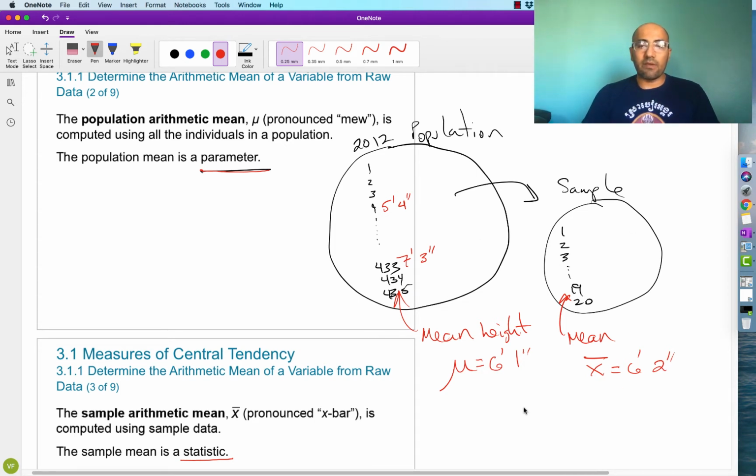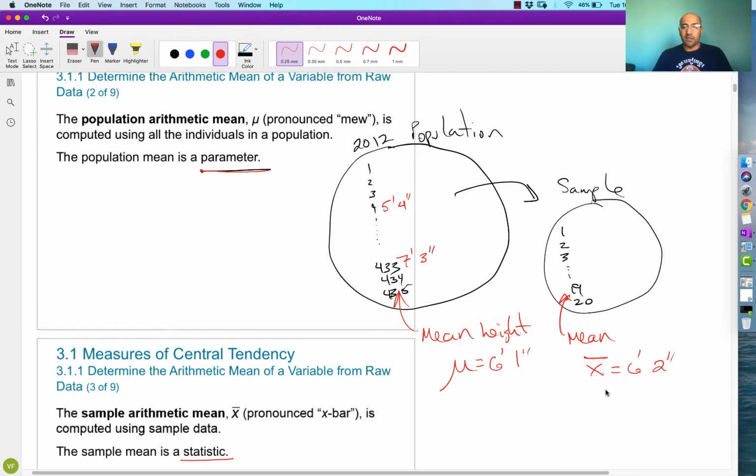So if it's a truly random sample, if the sample is large enough, hopefully that sample does a fairly good job of representing the population. Some tall, some short. And so we're hoping that the sample mean is very close to the population mean, right? That's a big focus of what we do in statistics.